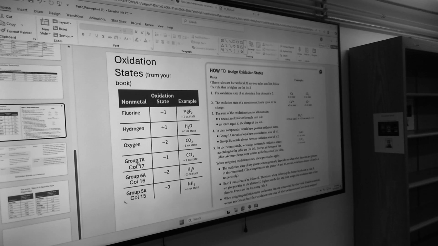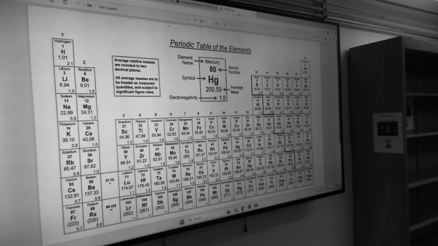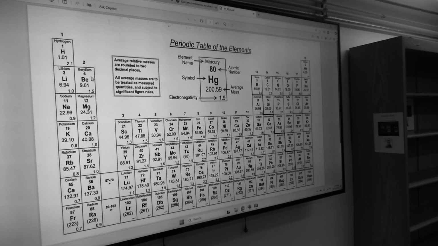I didn't mention this. Where this says group 7A, looking at the PowerPoint for oxidation states from the book, group 7A, I wrote column 17 because the periodic table I gave you all uses this type of numbering system. It says 1, 2, 3, 4, 5, 6, 7, 8, 9, 10, 11, 12, 13, 14, 15, 16. There's another sort of numbering system where they use these types of codes.